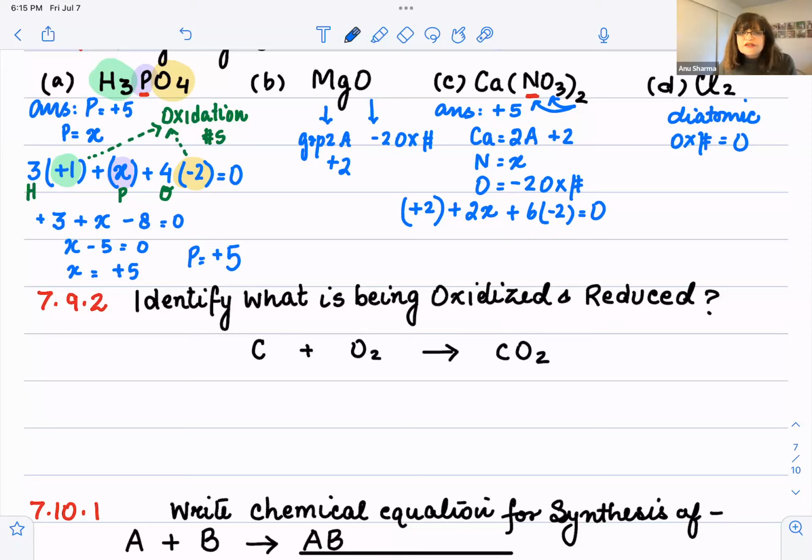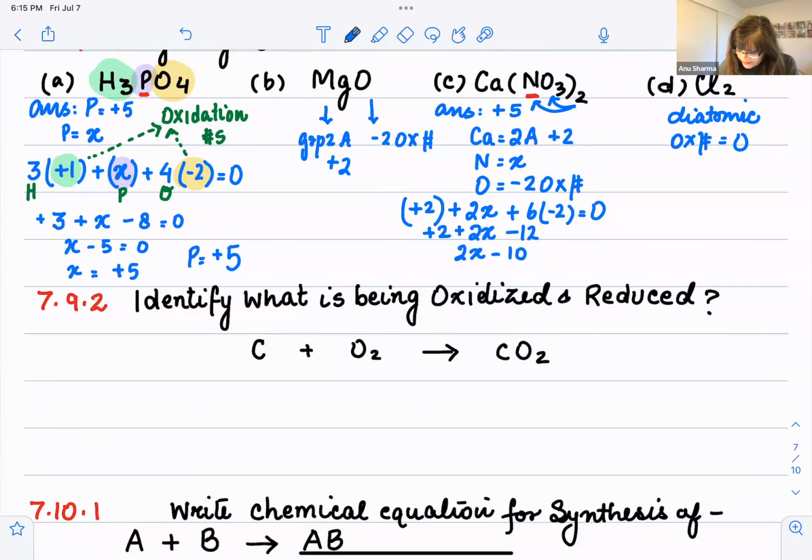Got it? Calcium is +2 oxidation number. There are 2 nitrogens, so it becomes 2x, and then 2 3s are 6 oxygens, and the charge on the oxygen is -2, and so that is equal to 0. So let's do this now. This is -12, this is 2x, and this is +2. So this becomes 2x - 10 = 0.